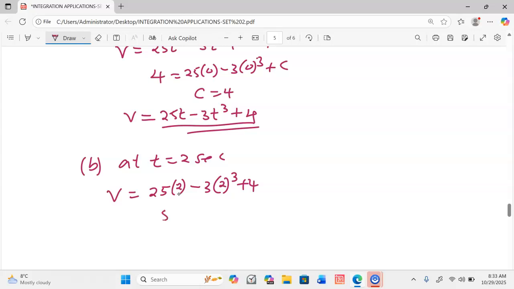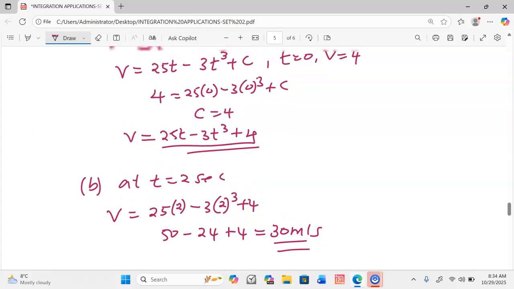This one is going to be 50, minus 2 power 3 is 8 times 3 is 24, plus 4. And this one is going to be 50 plus 4, which is 54, minus 24, which is going to give us 30 meters per second as the answer to this particular question.